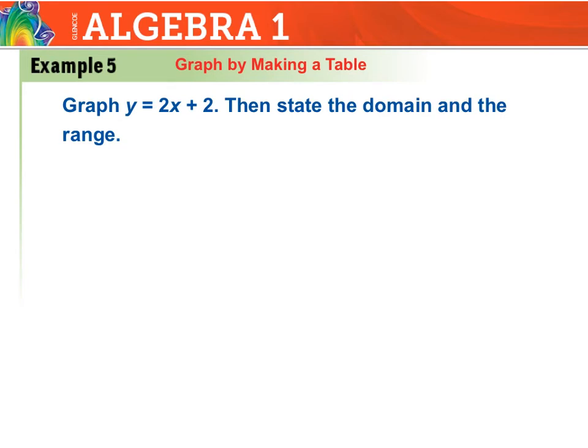Okay. Graph y equals 2x plus 2. Then state the domain and range. Oh, you mean to tell me we got to do domain and range again? Okay, all right, here we go. Let's put this into standard form. Standard form says go ahead and subtract 2x from both sides.